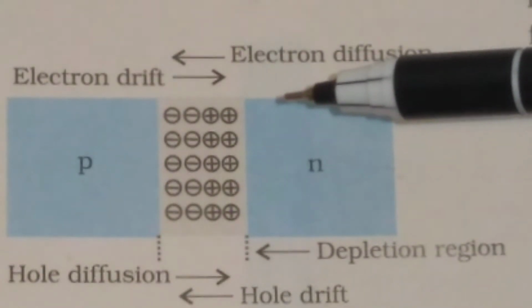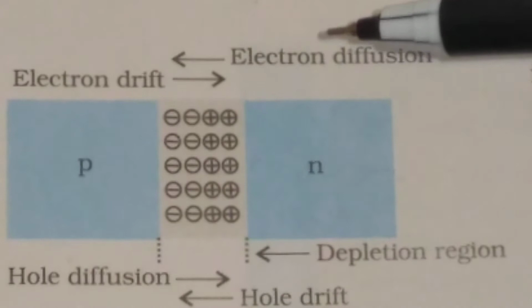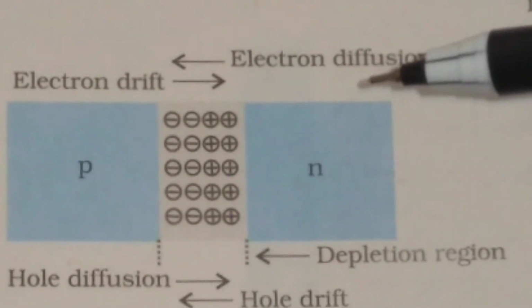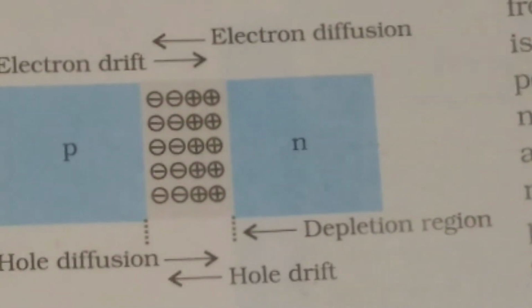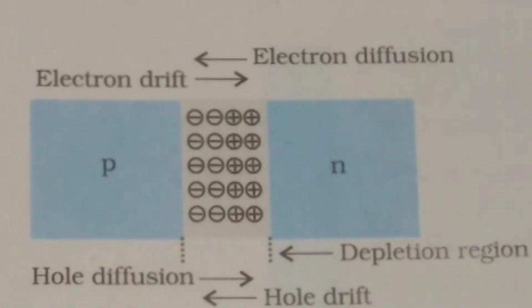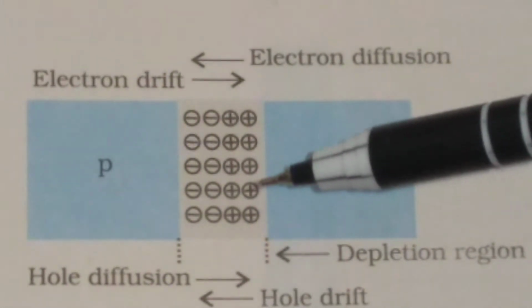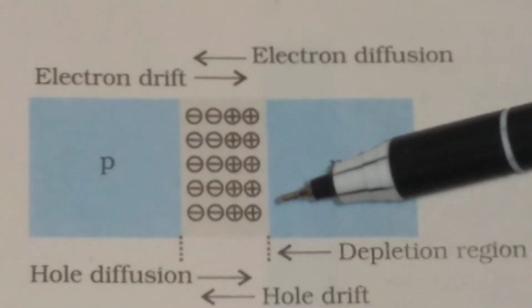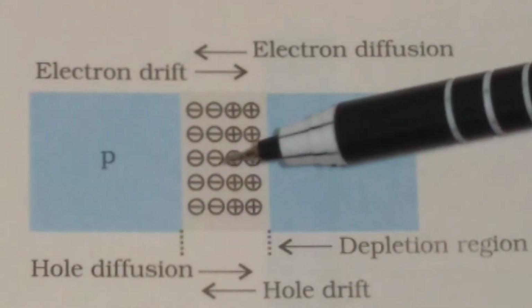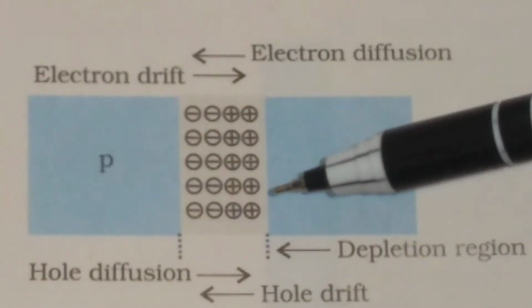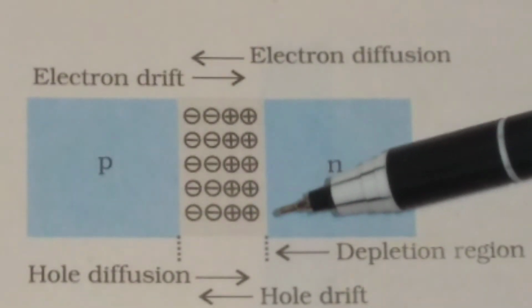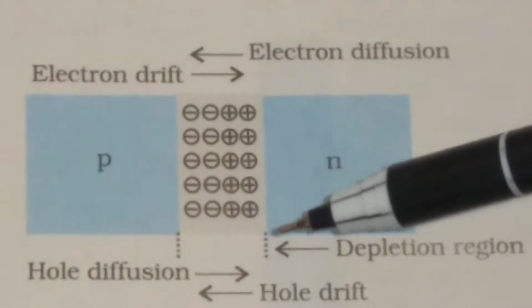Gradually, diffusion current decreases due to the decrease in concentration, and drift current increases. This process continues until the diffusion current equals the drift current. In a PN junction under equilibrium, there is no net current.